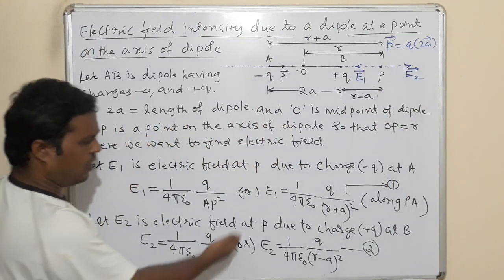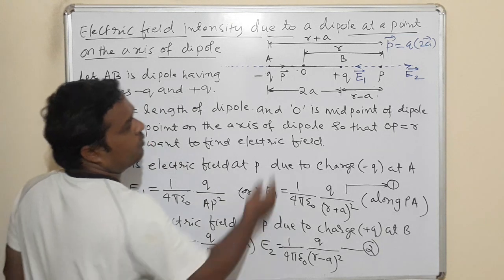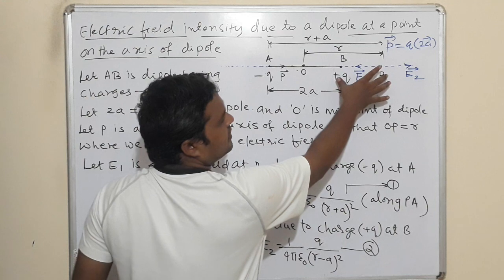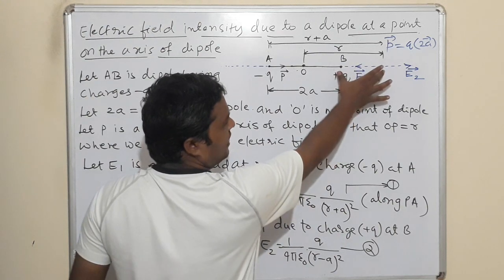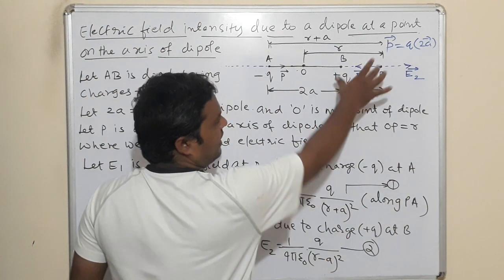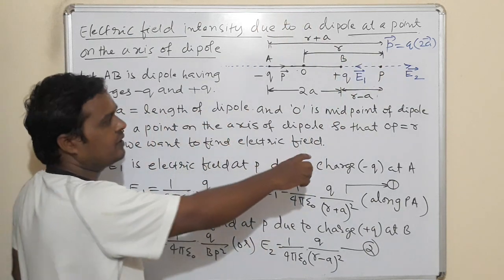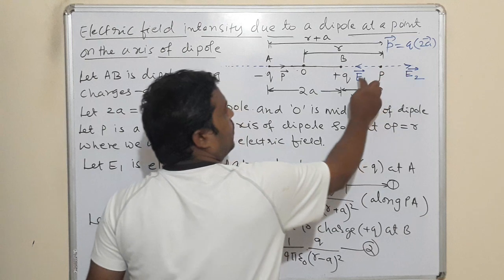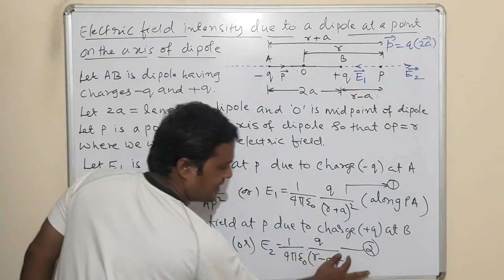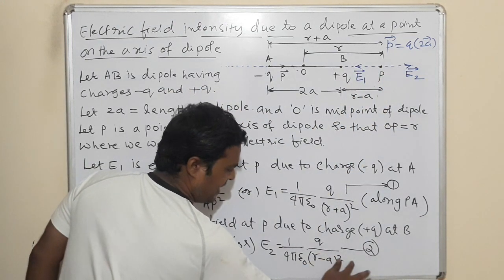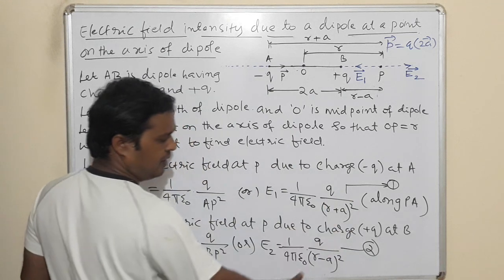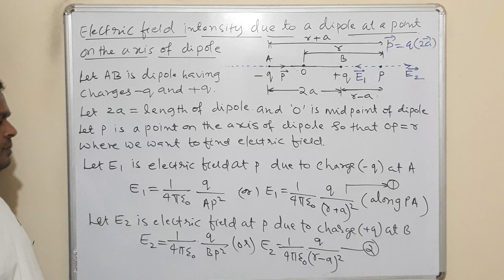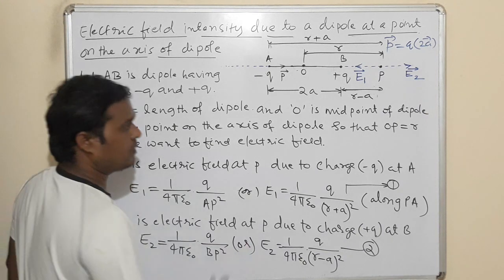Now we will see which is greater, which charge is closer to this point. This distance is less, this charge is close. Electric field is inversely proportional to distance, so the lesser the distance, the stronger the field. E2 will be more than E1, because r minus a is less than r plus a. This distance is less, therefore this field will be strong and greater.